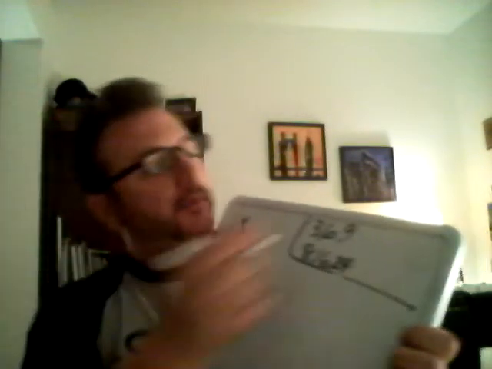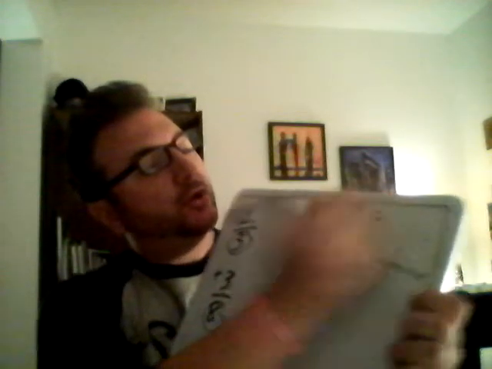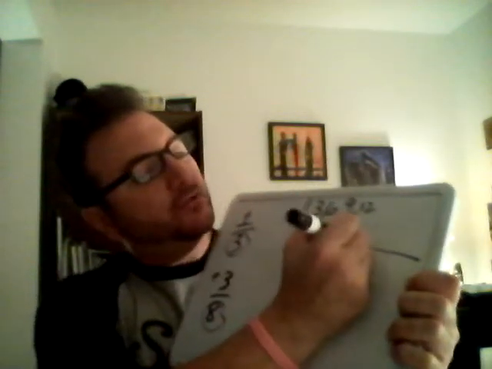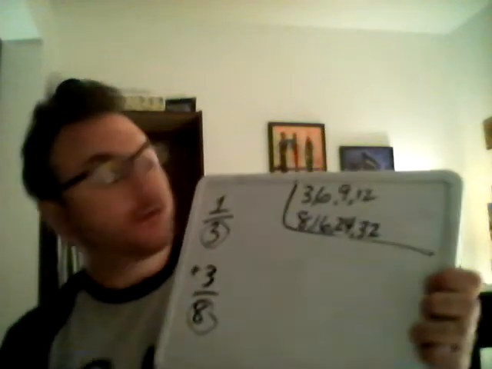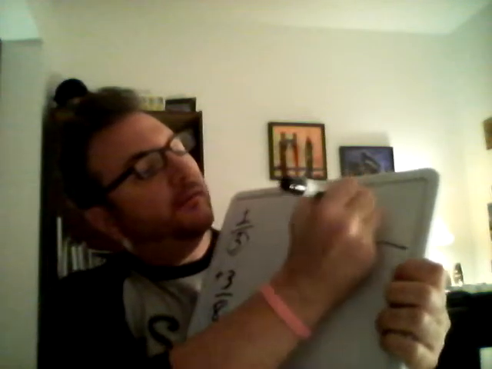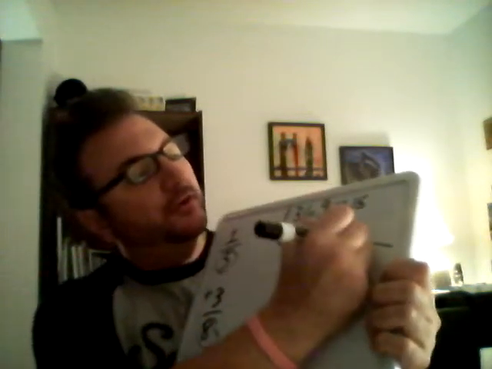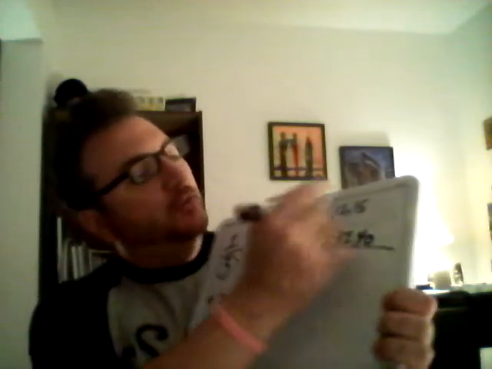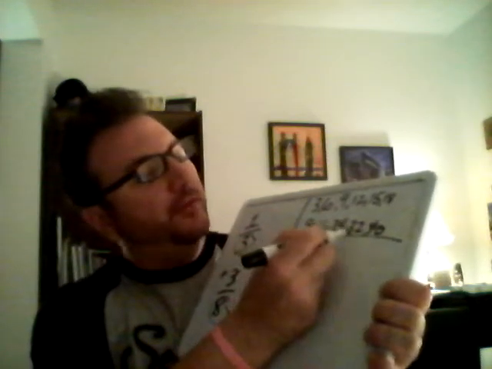Notice I'm alternating. 3, 6, 9, 12. 8, 16, 24, 32. 3, 6, 9, 12, 15. 8, 16, 24, 32, 40. 3, 6, 9, 12, 15, 18. 8, 16, 24, 32, 40, 48.